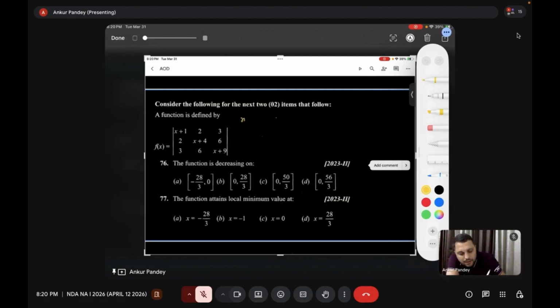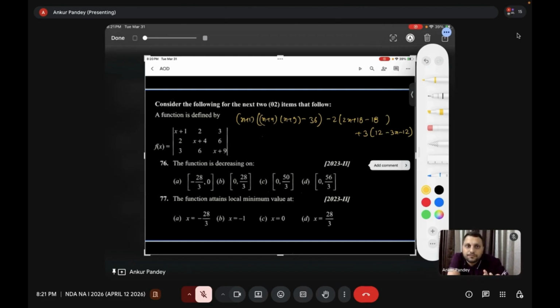So, x plus 1 into x plus 4 x plus 9 minus 36. Negative 2 into 2x plus 18 minus 18. Positive 3 into 12 minus 3x minus 12. Clear? Expanded?